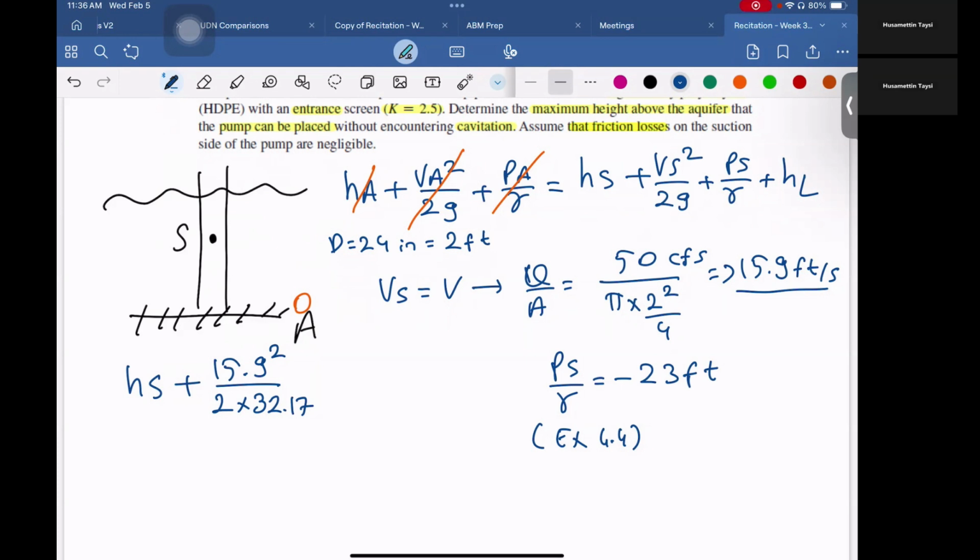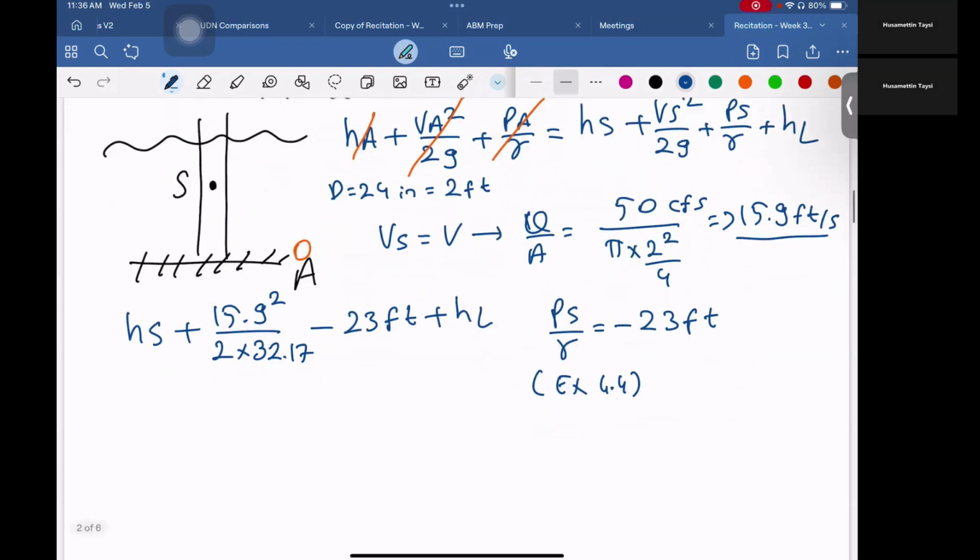So we will take this value directly. So we will have 23 feet plus head losses. And for the head loss, we will have V square over 2G.